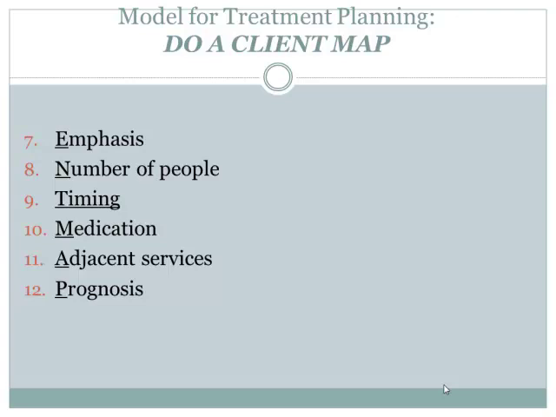So what's the usual prognosis for a particular disability or mental disorder, as well as the client's motivation, personal characteristics, and supports in order to help them overcome the issue.